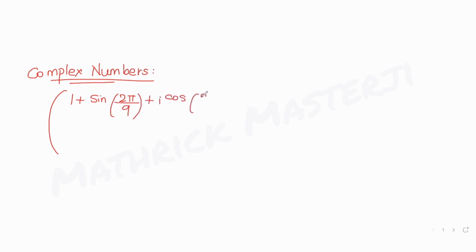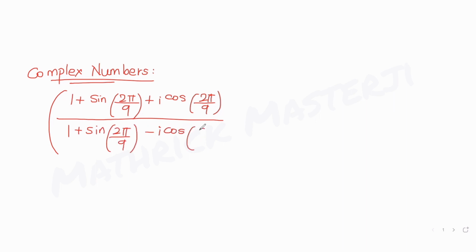The question tells us that we need to find the value of an expression, which is given as (1 + sin 2π/9 + i cos 2π/9) divided by (1 + sin 2π/9 − i cos 2π/9), the whole cube. So we need to find the value of this entire expression.